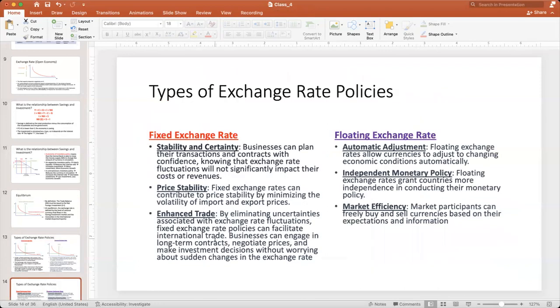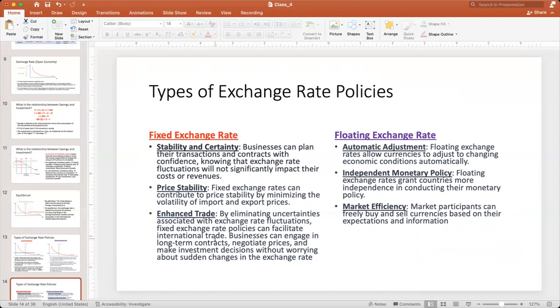What are the main characteristics and benefits of these two policies? If you are using the fixed exchange rate, you have three main features. The first one is that you get stability and certainty. Why? Because businesses can plan their transactions with confidence because they know what the exchange rate is, and they know that there are not going to be any fluctuations.